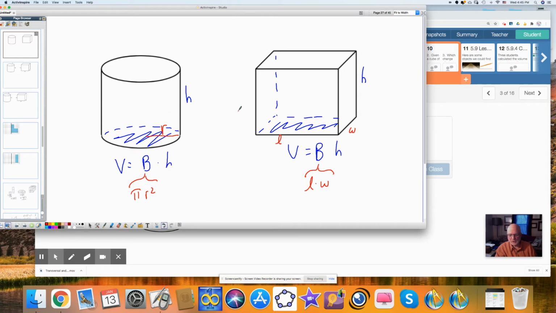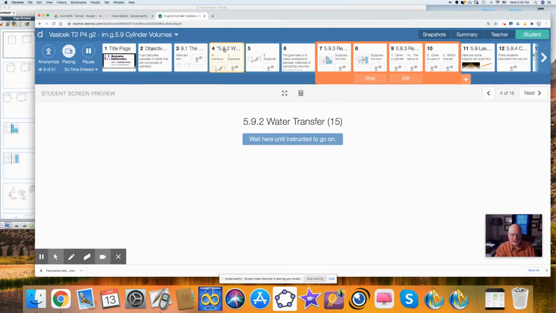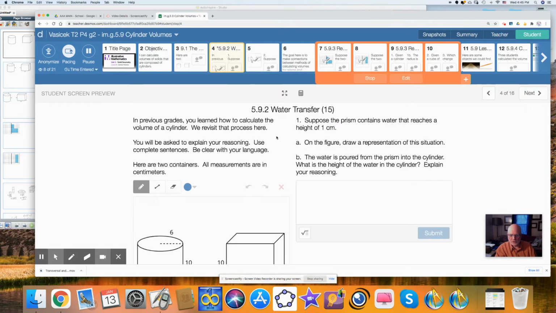And actually, the answer is no, a cylinder is not technically a prism. However, if you think of it as a polygon with infinite sides, it behaves like a prism does. So it has a lot of similar qualities, but technically it is not a prism.